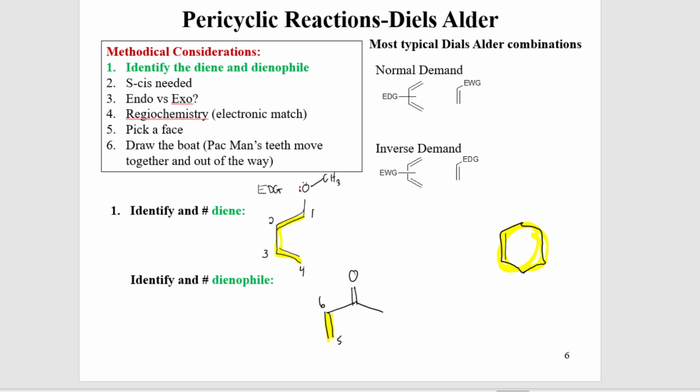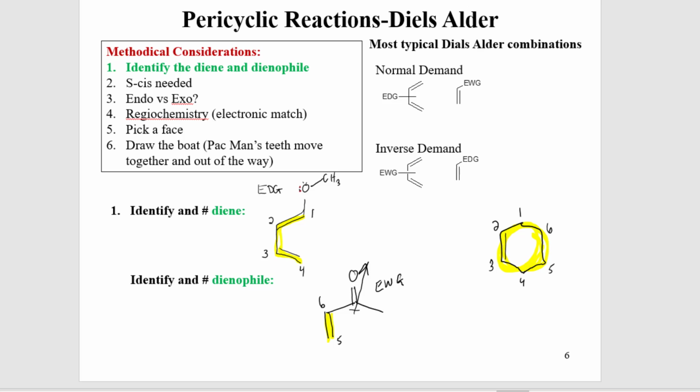I'm trying to identify the 1, 2, 3, 4, 5, 6. Everything off of one of these atoms is just an appendage. We'll fill those in later. Okay, and I know that the carbonyl is an electron withdrawing group. It's pulling electron density away from the 5-6 system.